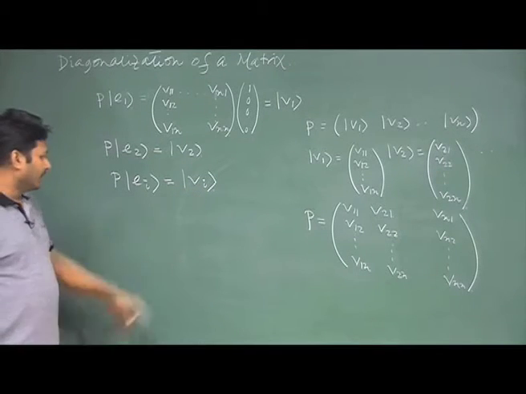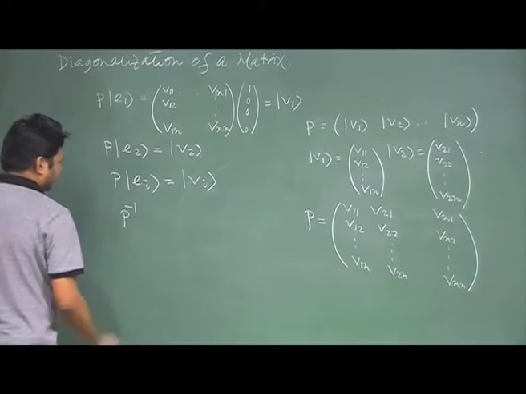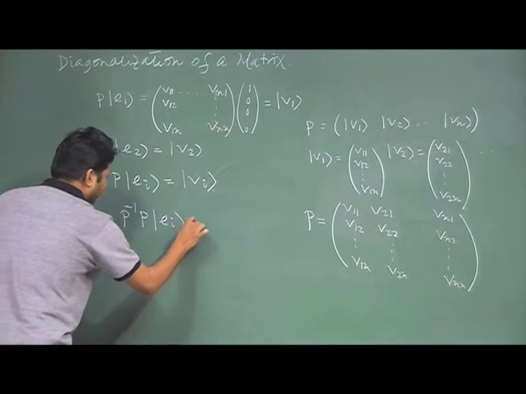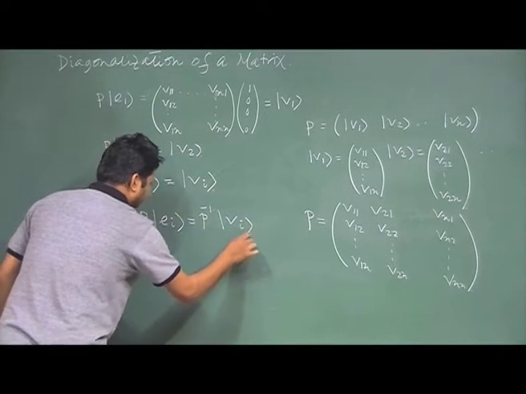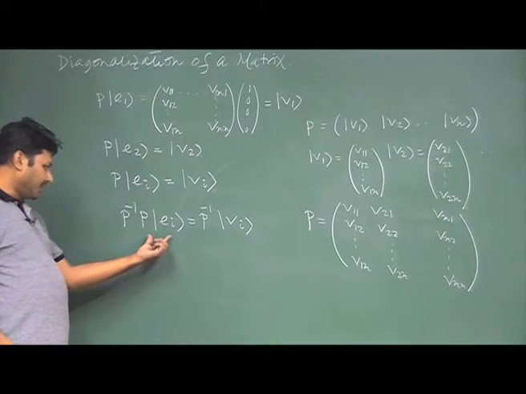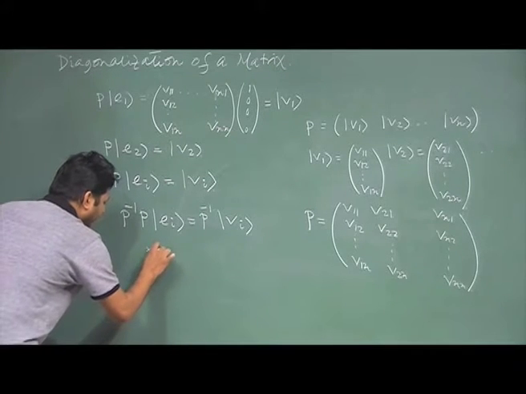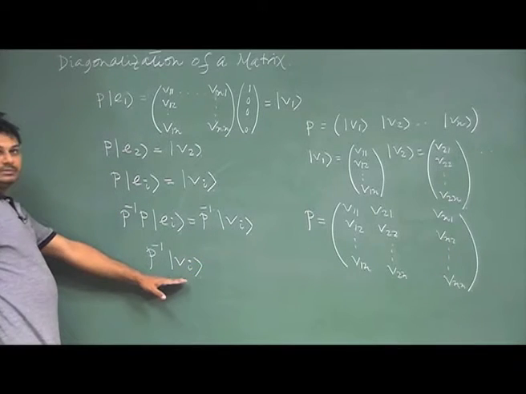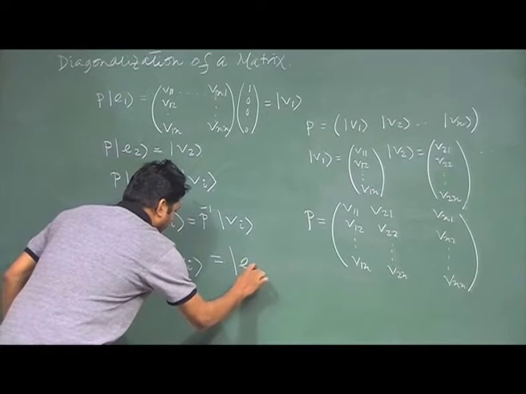Another important thing: P inverse P Ei is P inverse Vi, which comes out to be Ei. This is also an important outcome. So, P inverse of Vi is nothing but Ei.